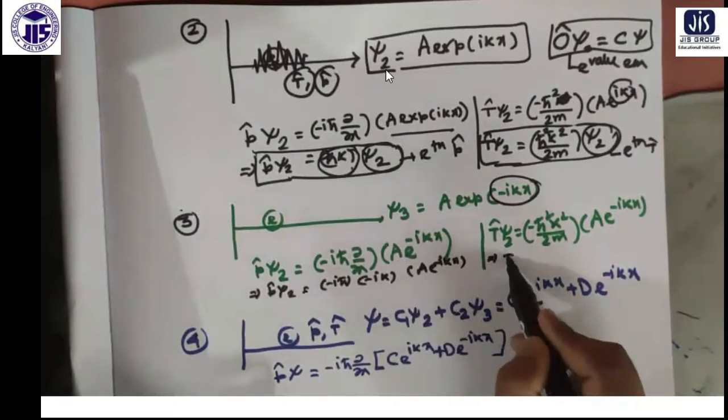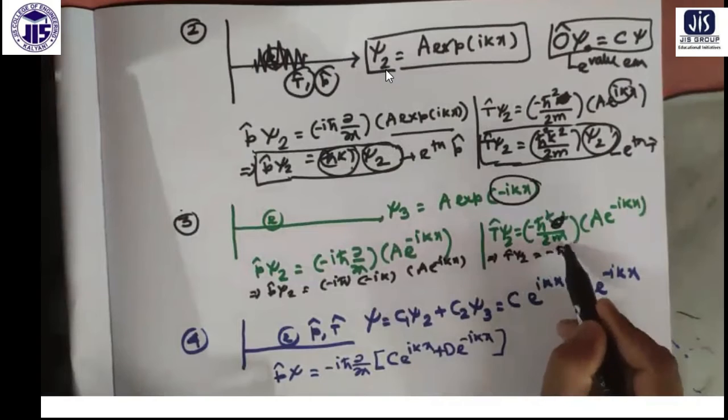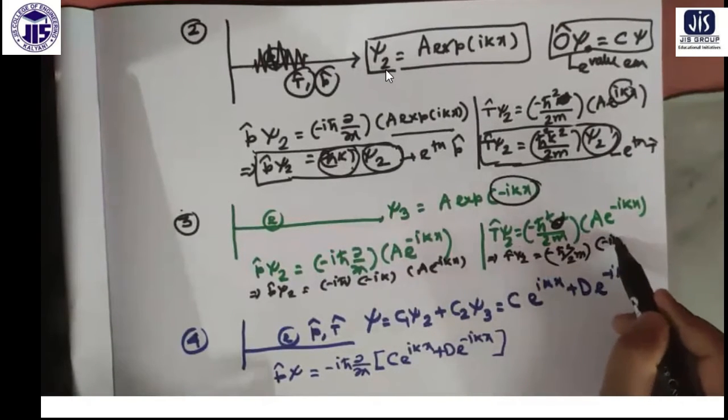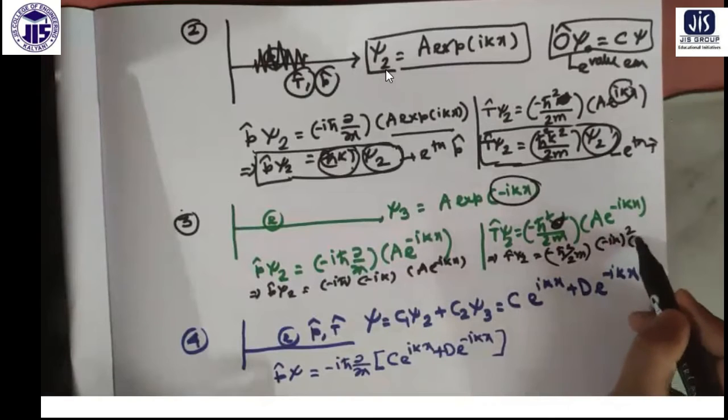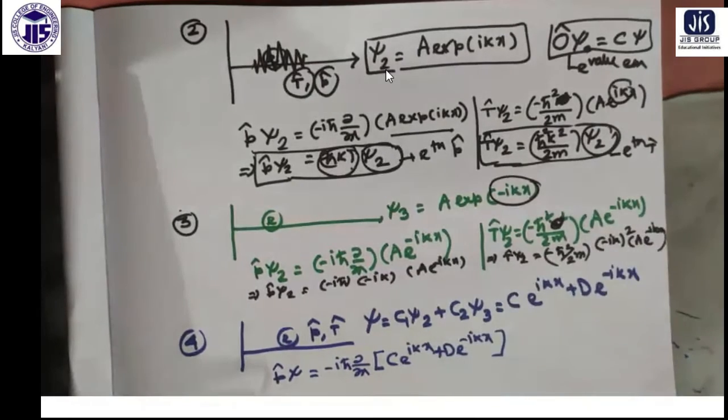In this case, T psi2 is minus h cut square by 2m, minus ik square A e to the power minus ikx. So if you do it, it becomes this much.